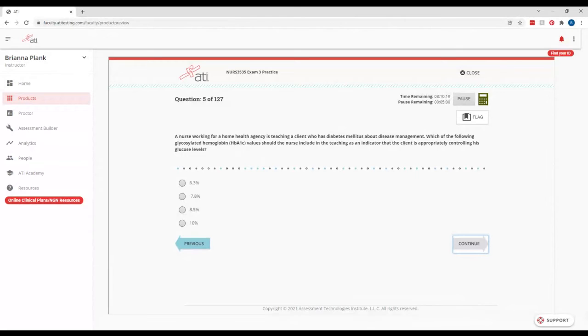Okay, a nurse is working for a home health agency. Okay, so what hemoglobin A1C level are we looking for that things are appropriately controlled? A, yeah, exactly.